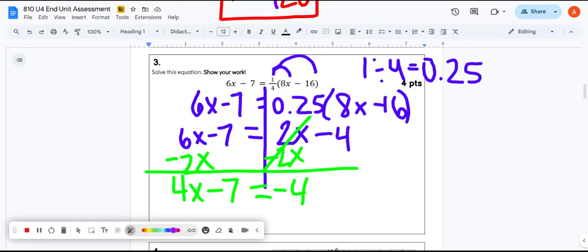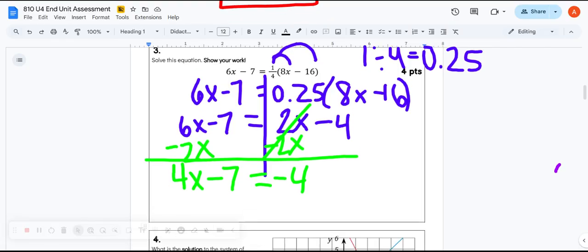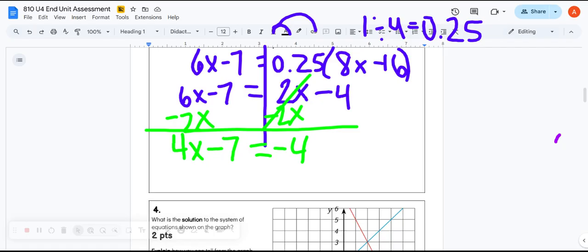From there, what we're going to do, just like we did in the last one, is go ahead and make sure our constants are on the same side. This time I have a negative 7 here and the negative 4, and I want to move that negative 7 away by adding 7 to both sides. When I do negative 4 plus 7, I get 3.